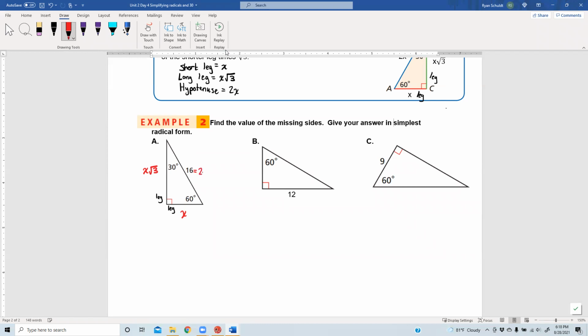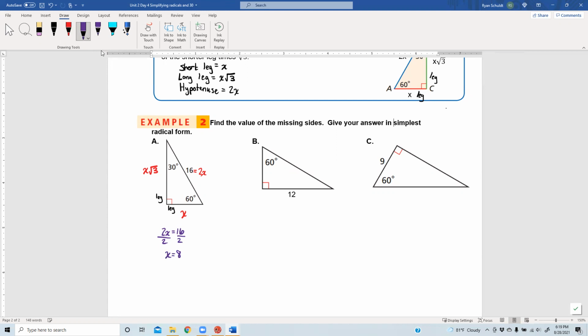Hypotenuse is 2x. Wait, why'd you put the equal sign there? Oh, I got me a little equation. I got me a baby equation. 2x equals 16. Divide by 2, and we get x equals 8.